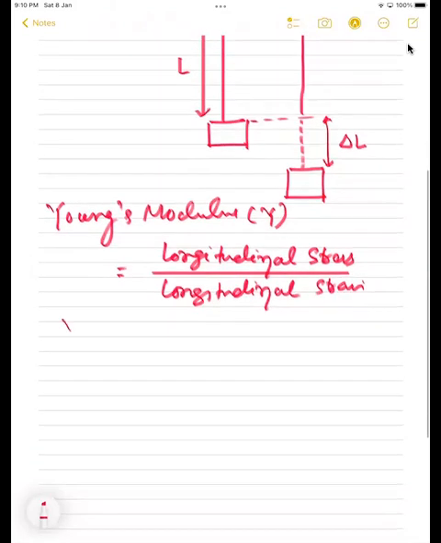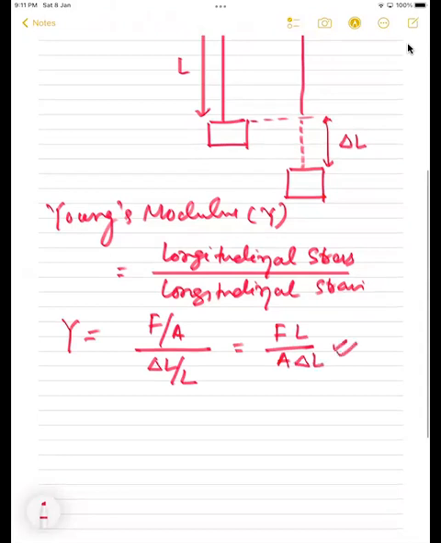That means Y is equal to stress, meaning force by area, F by A, divided by strain, meaning delta L by L. That is Y equals FL by A delta L. This can be written as the longitudinal Young's modulus, right?